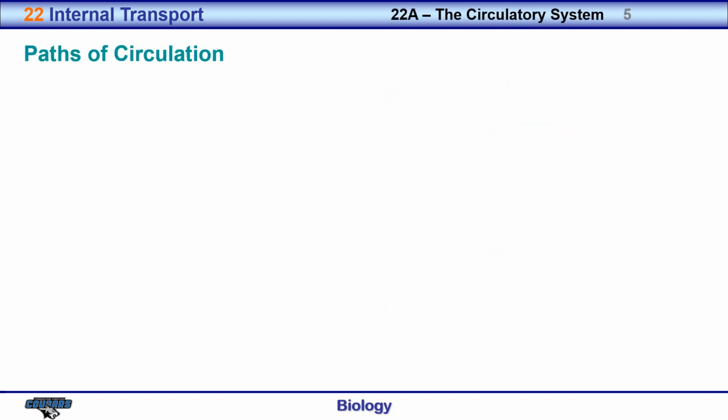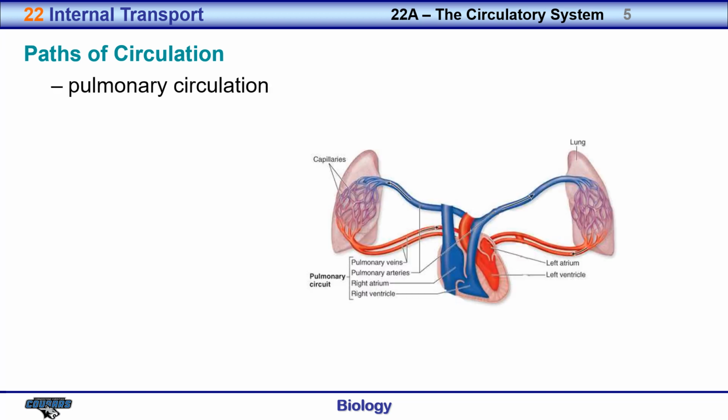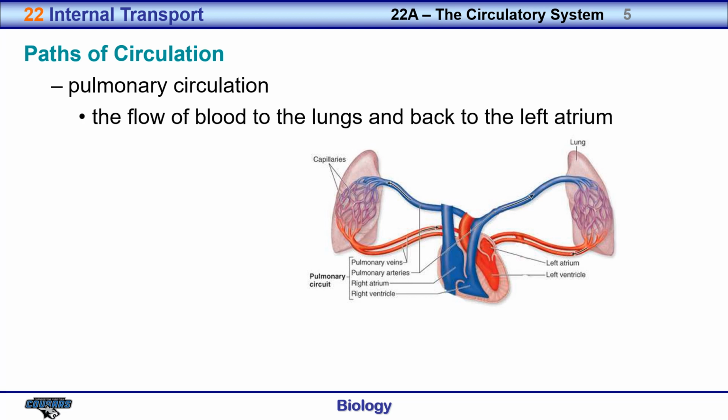Now let's talk about these paths of circulation. There's 2 main divisions of circulation. There's the pulmonary circulation, and then there's a systemic circulation. The pulmonary circulation is one that carries oxygen-poor blood from the right ventricle to the lungs for the purpose of absorbing oxygen and then releasing the carbon dioxide.